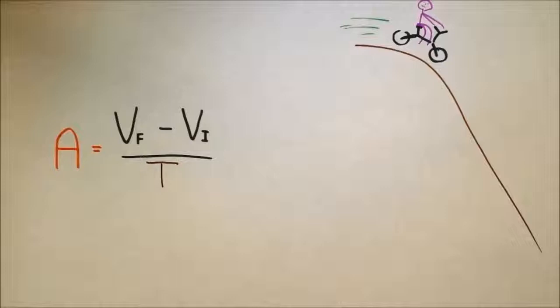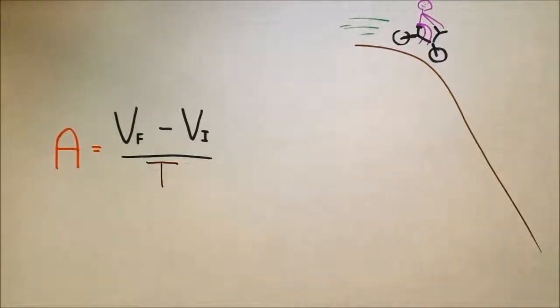Luckily for us, they gave us all that information. They told us what the final velocity would be once she reaches her top speed. We assume, we don't know, but given what we're given, it is 18 meters a second. We also know the initial velocity, again not from a stop, but the initial velocity before she began accelerating quickly, was 9 meters a second. And all of this happened in 3 seconds. That was the interval.